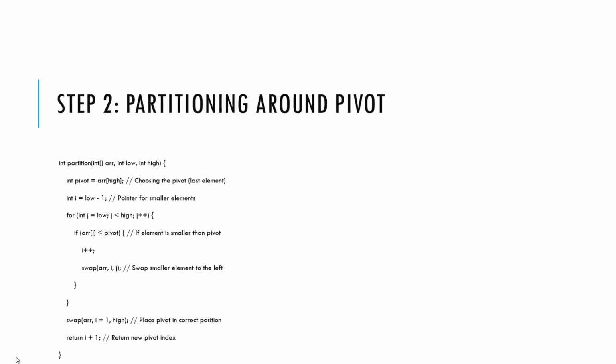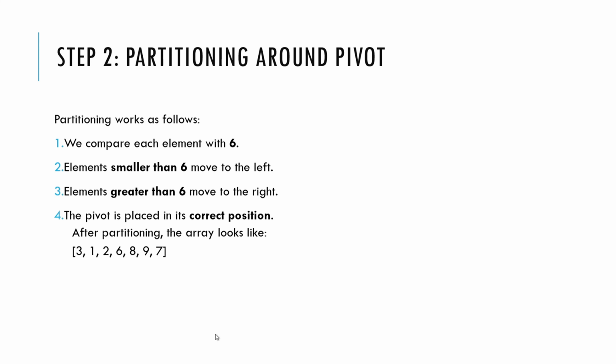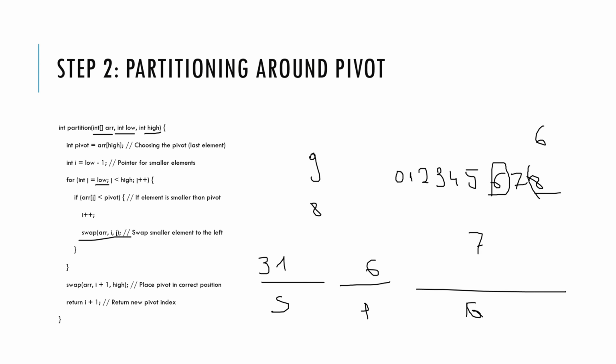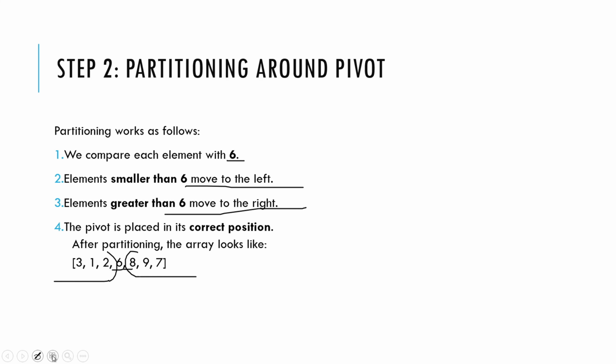Then we have elements of the array 3, then 1, then 2, then we have elements that are greater than 6, which are 8, 9, 7.